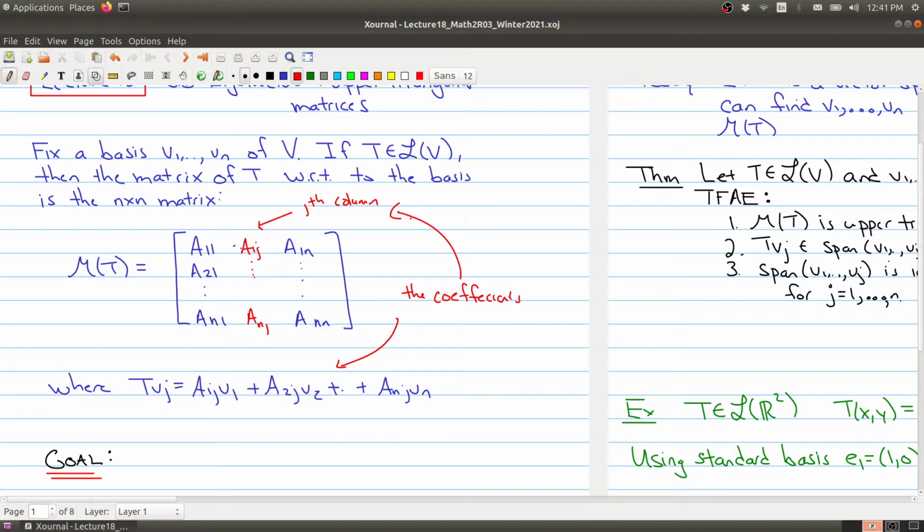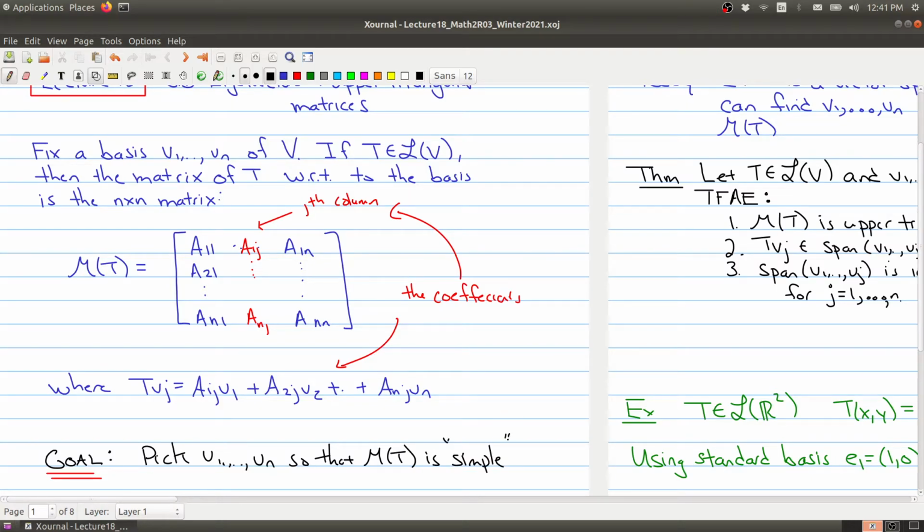So what is our goal here? Can we pick V1 up to Vn so that this matrix M(T) is simple?